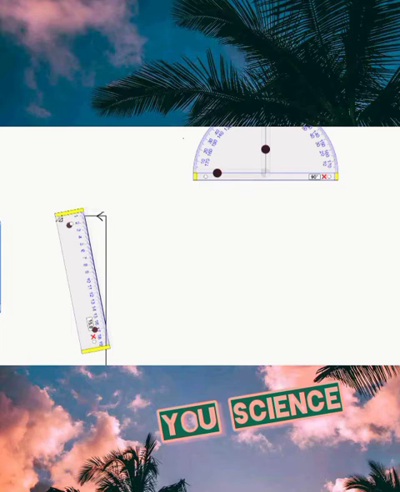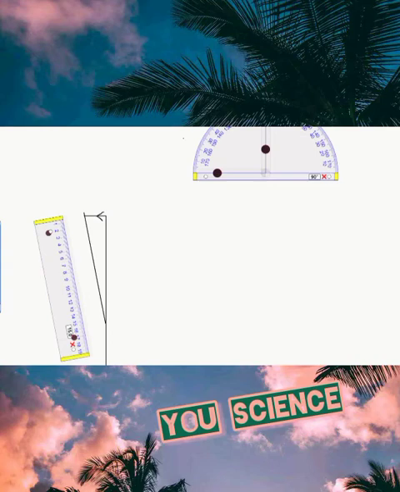You can draw it to any length, it doesn't matter, as long as it touches this other point. You want it to touch this point and touch this other point here. So the next thing we have to do is to find this angle here. So this is the angle they ask us to look for.